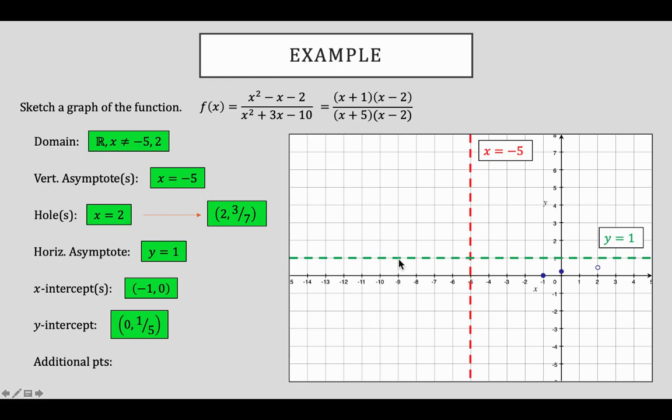So I'm going to have a point at -9, +2. There I have that point.